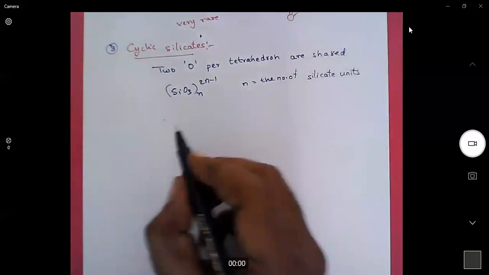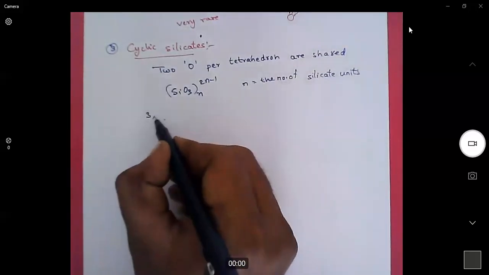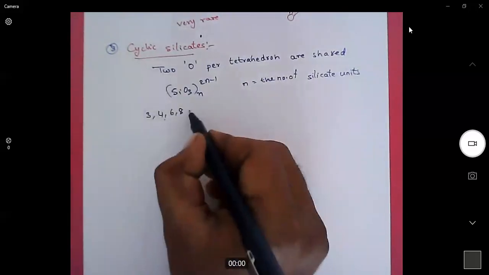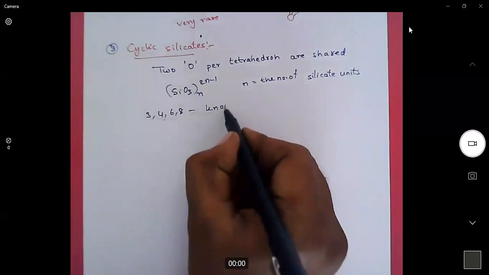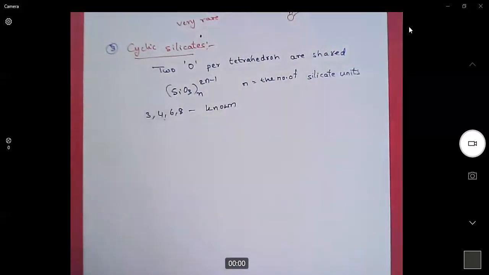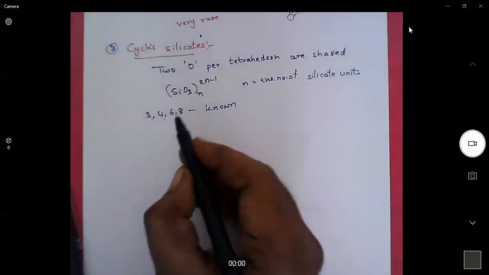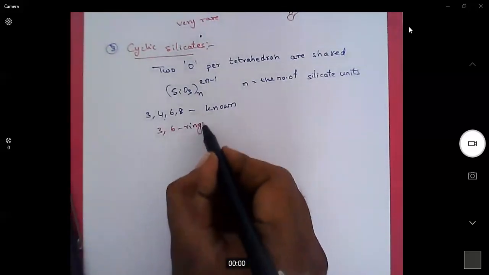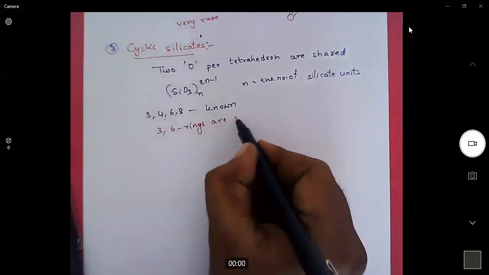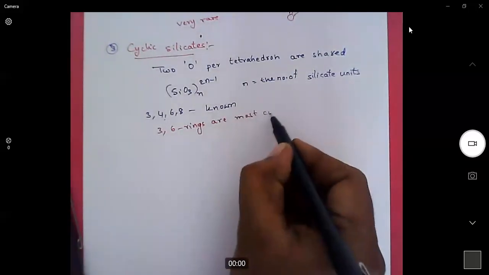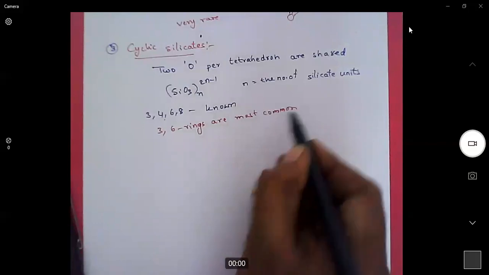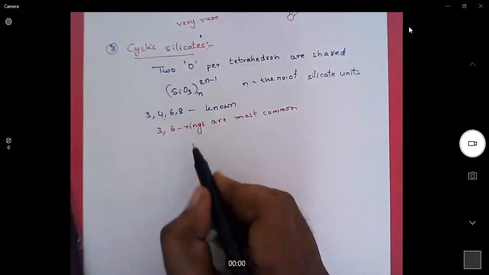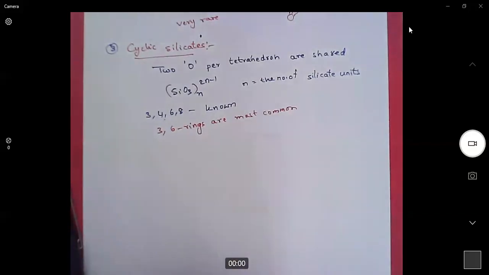In the cyclic silicates, generally 3-membered, 4-membered, 6-membered, and 8-membered silicates are known. But out of them, 3-membered and 6-membered silicates are most common. All these rings will exist, but 3 and 6 rings are most common.